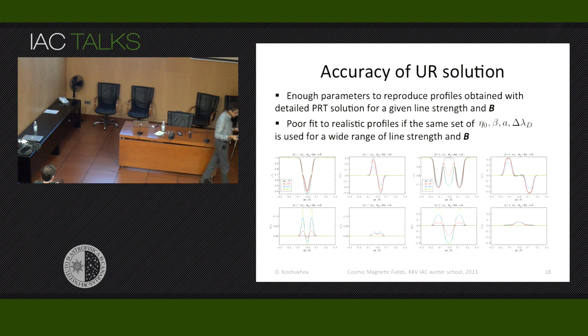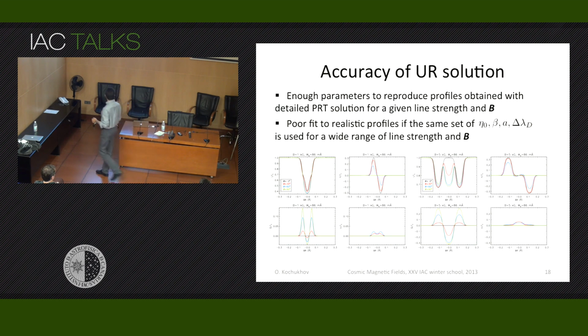But the problem is that this perfect, or nearly perfect, reproduction works only for a given magnetic field strength and line strength. So if we try to apply the same set of parameters for a wide range of B's and lines with different strengths, we come into problems.